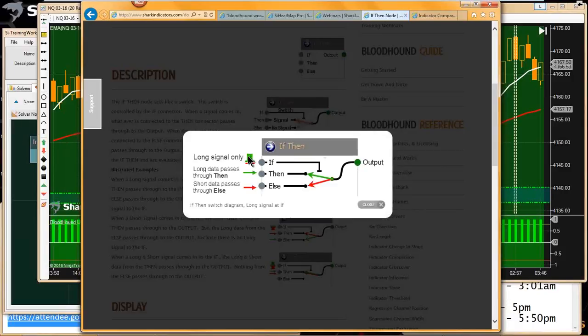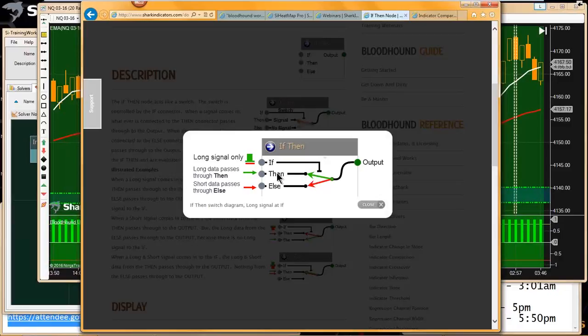If we look at this graphic, say only a long signal comes into the if node. Then the long switch here in green is connected to the then node.